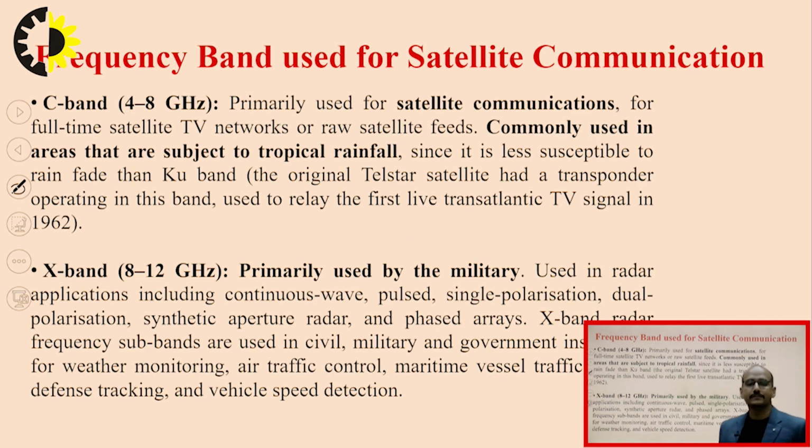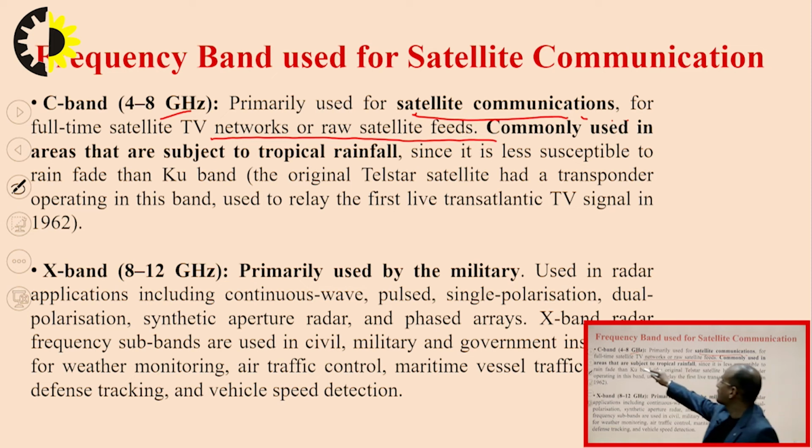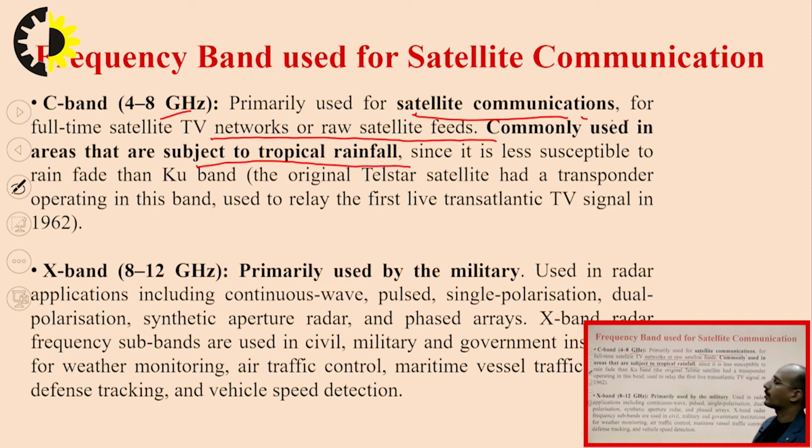Then C band. C band lies between 4 to 8 gigahertz and it is primarily used for satellite communication for full-time satellite TV networks and radio satellite feeds. Also, it is used where areas are subject to tropical rainfall.